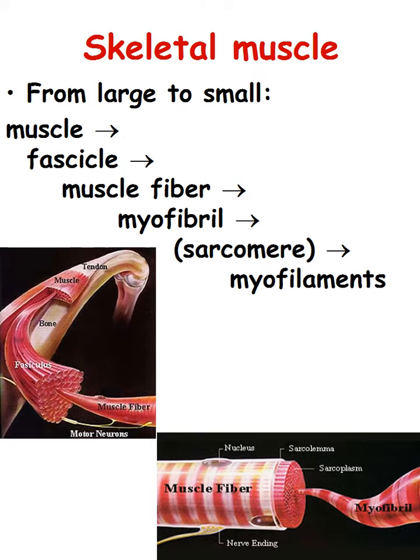And then we have the muscle fibers, and these are going to be surrounded by the endomysium. The myofibrils then are composed of sarcomeres, and sarcomeres are composed of our myofilaments, which again are our actin and our myosin.